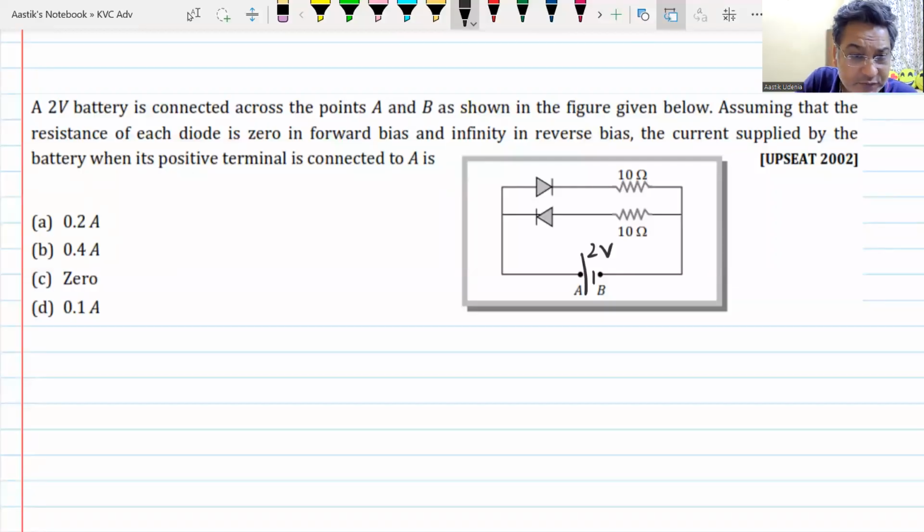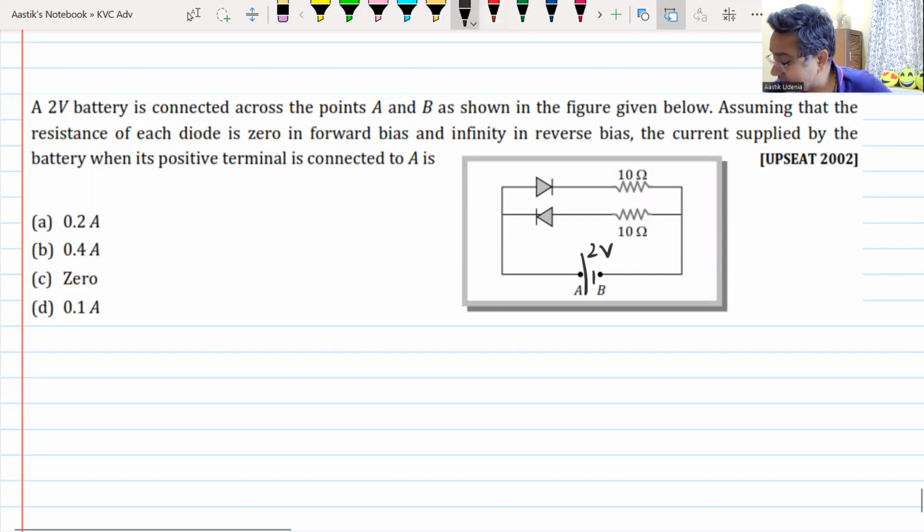Well done. The current would be 0.2 amperes, and the reason is, if I call this current I, this current I1, and this current I2, what will be the value of I1?